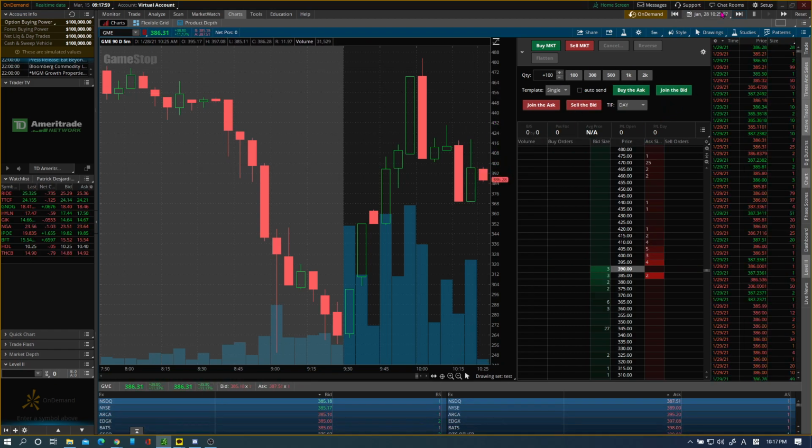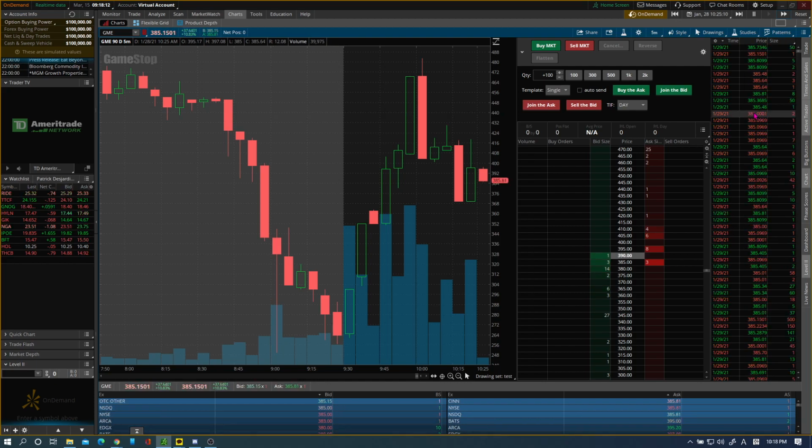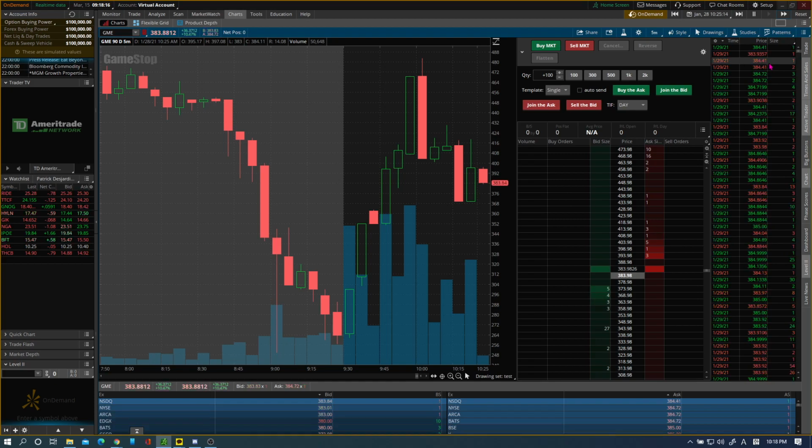Okay, so here we go. This candle started 9 seconds ago. So in 9 seconds, we've dropped from 395 to 385. Okay, and what's going to happen? Let's just see what happens.